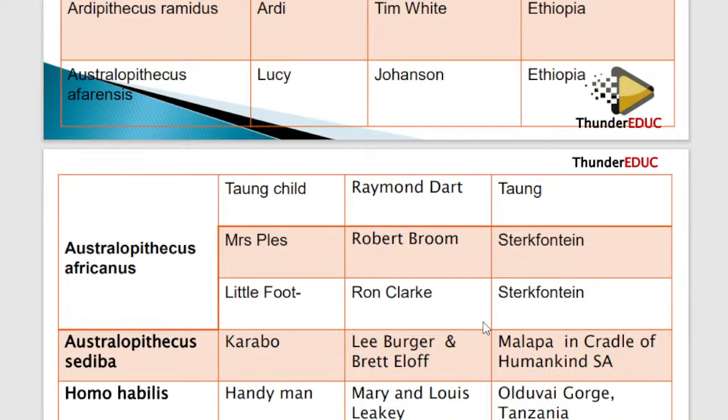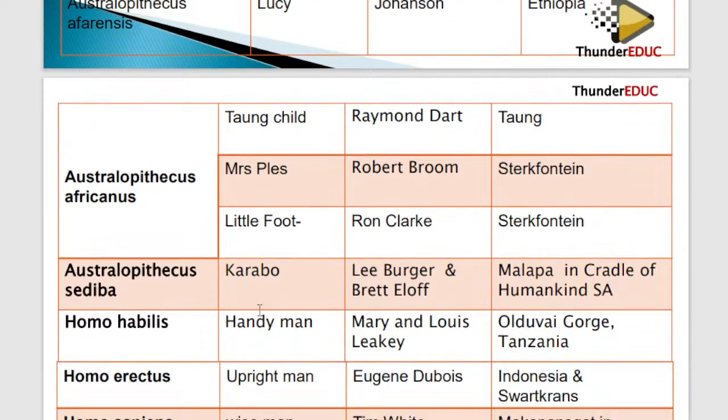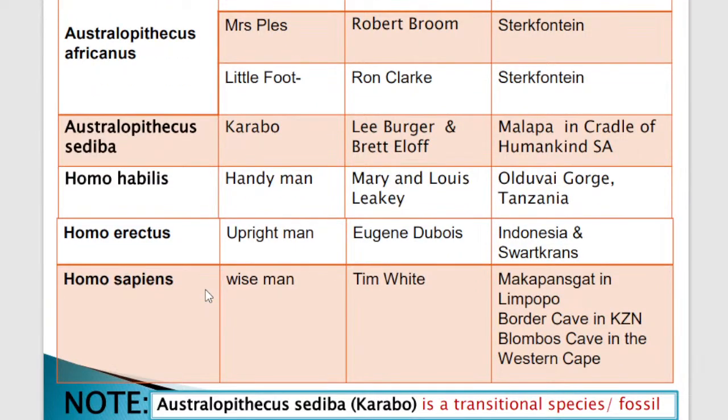So you need to know that this was obtained from South Africa. The next one is Australopithecus sediba. Sediba is the missing link. I think I should show you what we call Australopithecus sediba. Sediba is basically a missing link between Australopithecus africanus and Homo habilis.